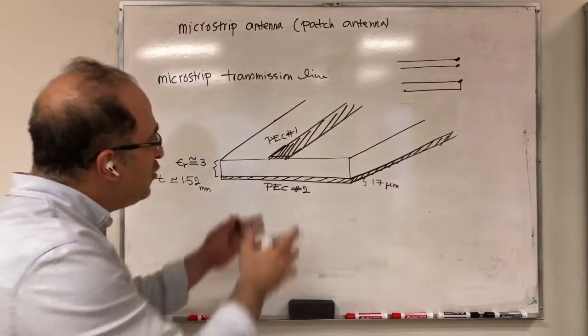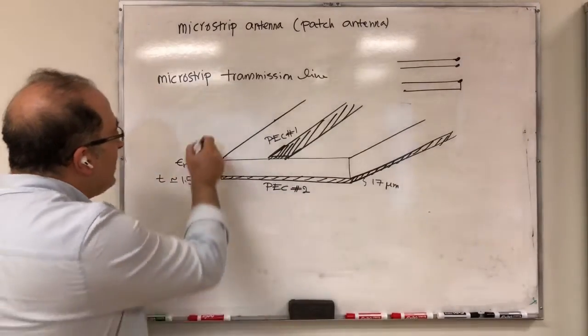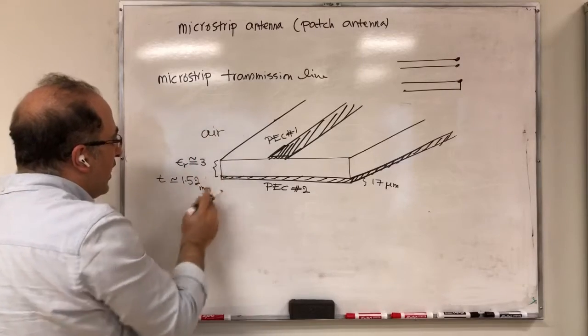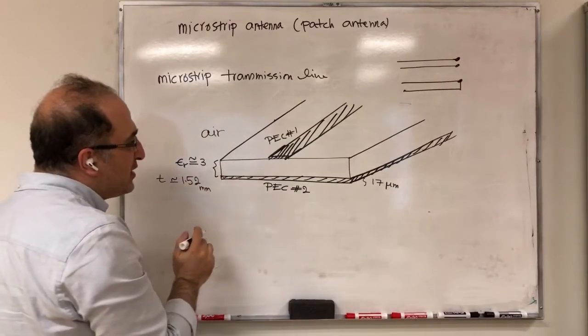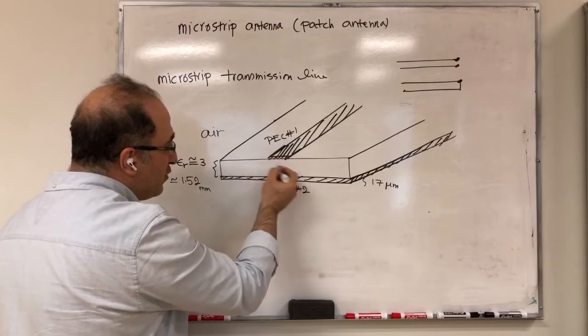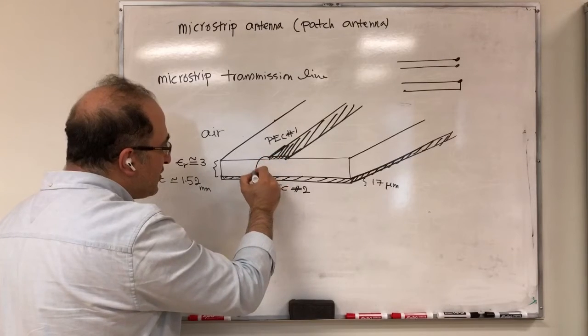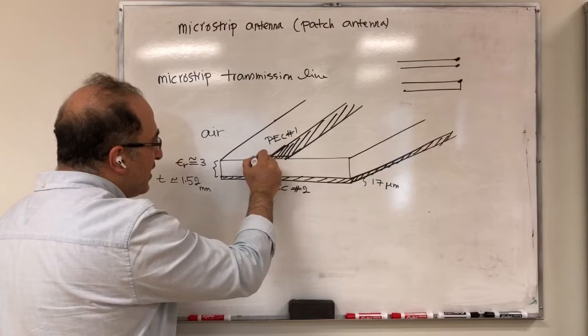So essentially you guide electromagnetic waves between these two, and here of course is air, and here you have a dielectric material. If you look at the electric fields that you're going to have in this situation, you have things like this.